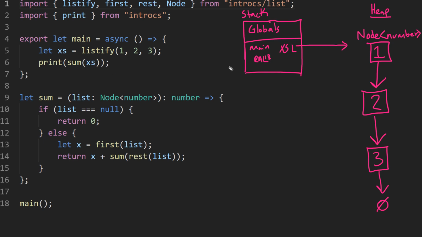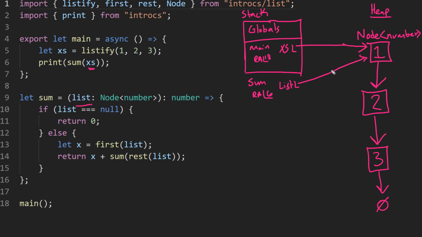So when we call the sum function here, we know that we need to add a frame to our stack for it. And the return address is going to be line 6. And we are passing in xs, whatever xs is. So it's a reference to this first node, right? And I can make that even more explicit here, to the list parameter. So we're going to have a parameter named list.